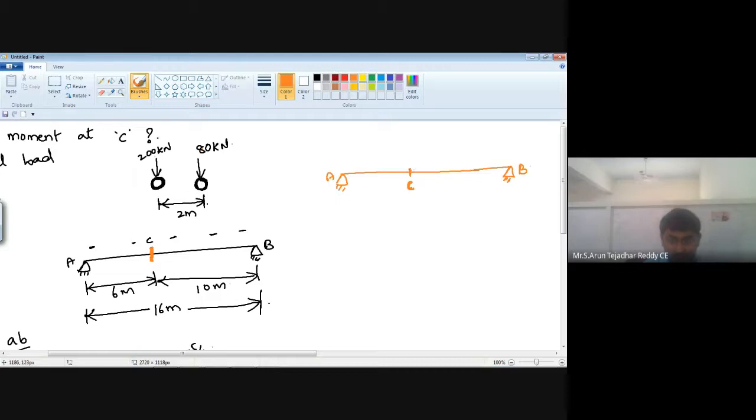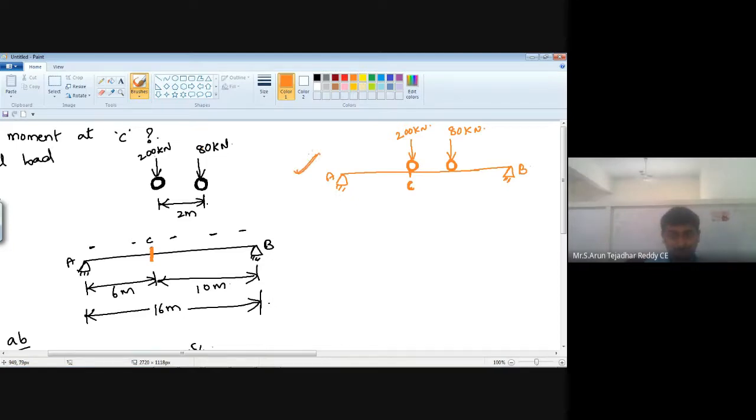So just now we calculated our moment in this point. So this is our maximum load, 200 kilonewton, and at a distance of 2 meter here is 80 kilonewton. So this is the correct process.